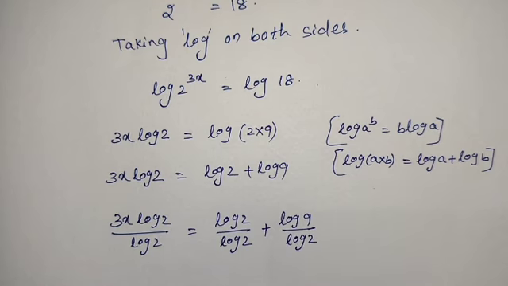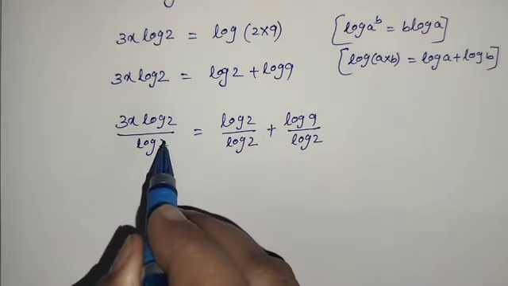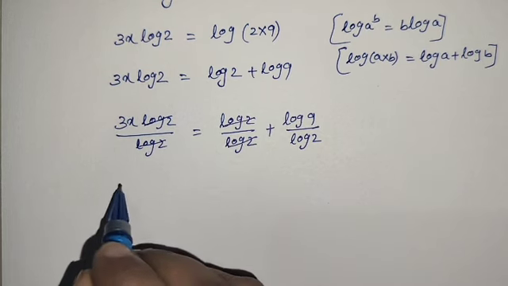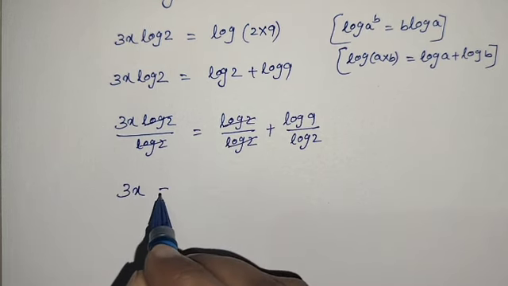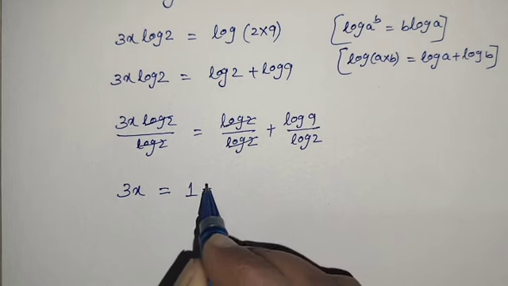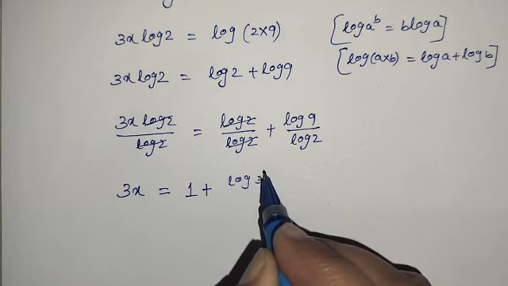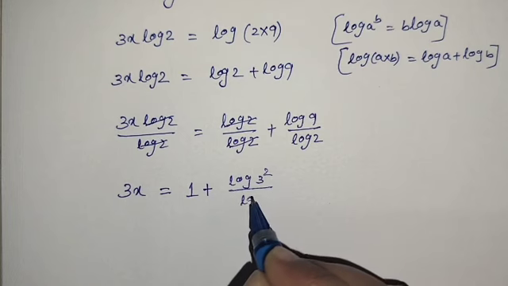Then log 2 cancels, log 2 cancels. Then 3x is equal to 1 plus log 9, we split 9 as 3 to the power 2, divided by log 2.